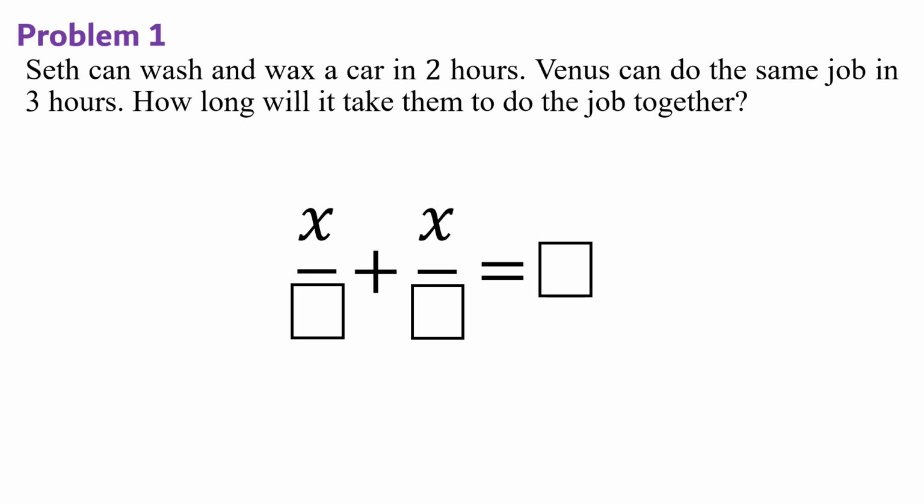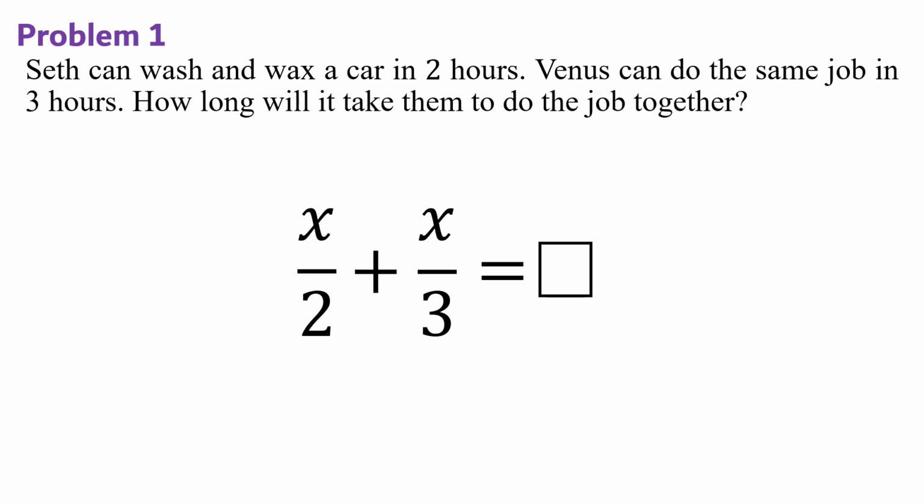Next is the bottom, or the denominator. It is the time when they can finish it doing it alone. So the first one is for Seth, which is 2 hours, and the second one is for Venus, who can do it in 3 hours, doing it alone.